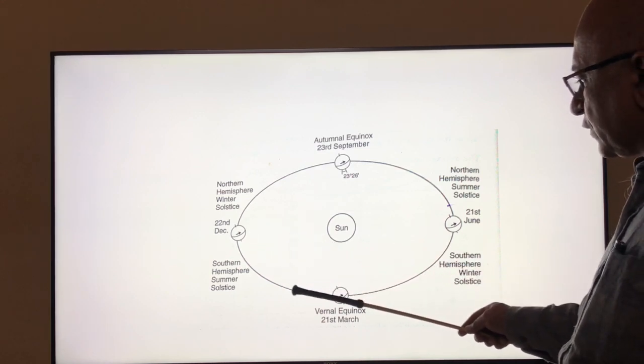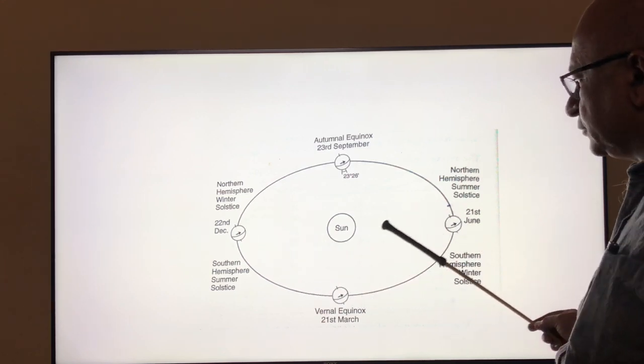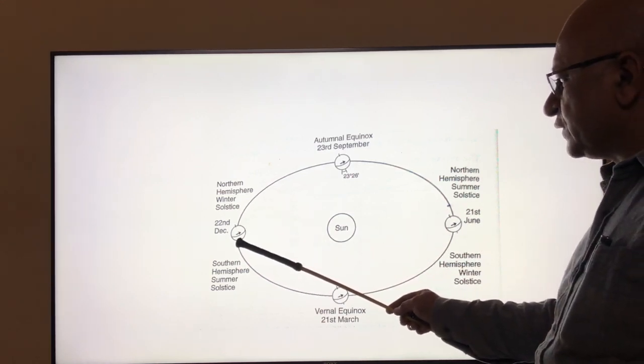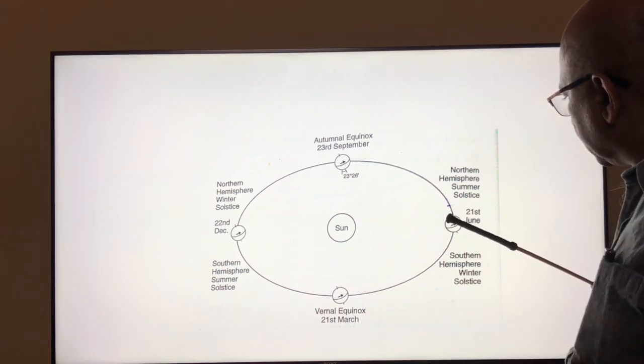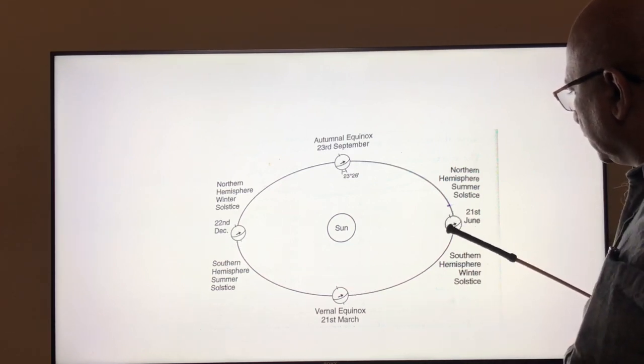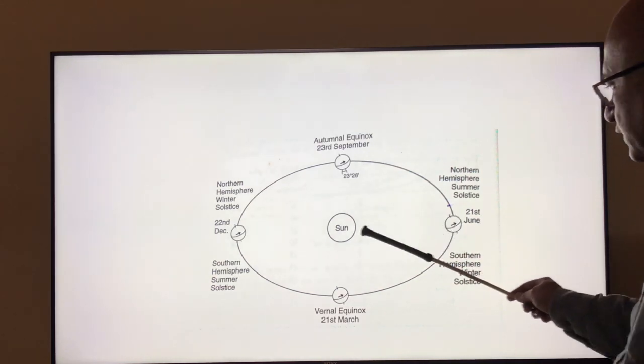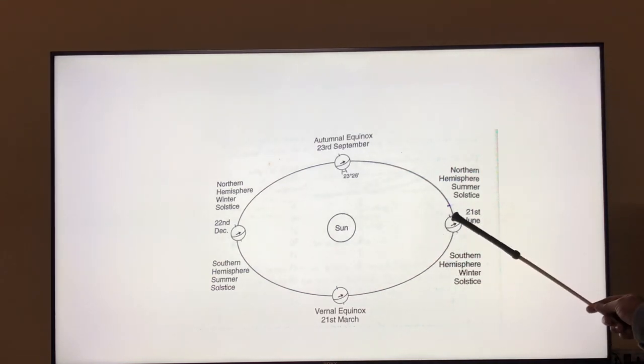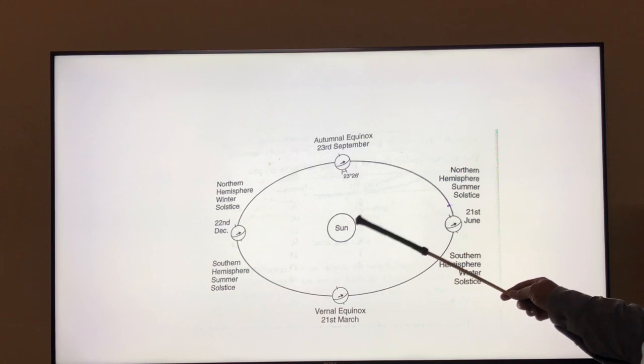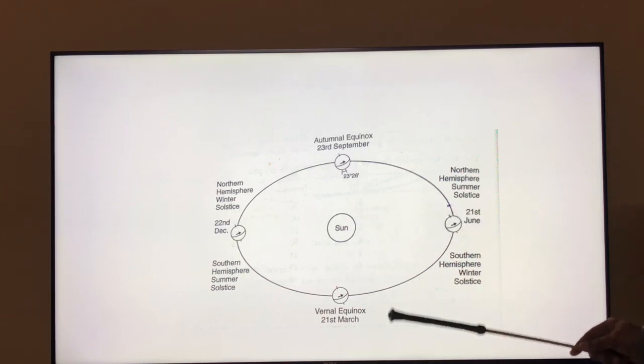When the earth moves around the sun, suppose this is the northern hemisphere, on the 21st June it is facing the sun. So during this June season, the sun gives the maximum heat to the northern pole.